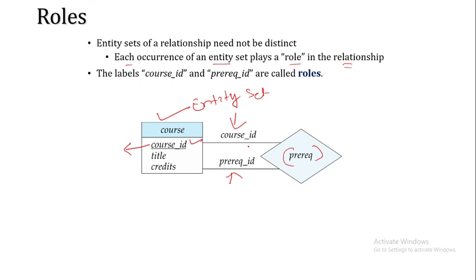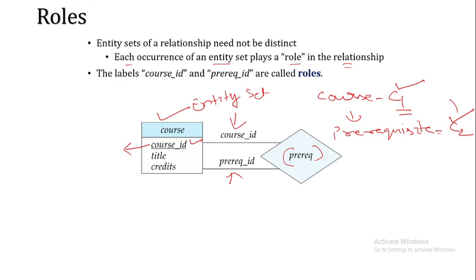Now it has certain roles. What are the roles? Prerequisite. What is the prerequisite? Let's suppose there is a course C1, but to study this course C1 we have a prerequisite, C2. To study C1, a student must have completed C2 or should have basic knowledge about C2.